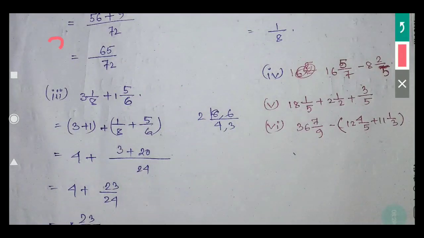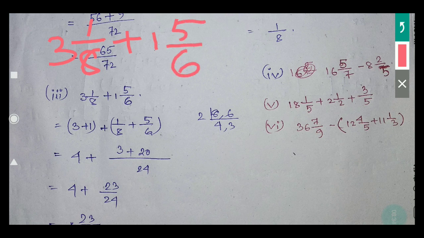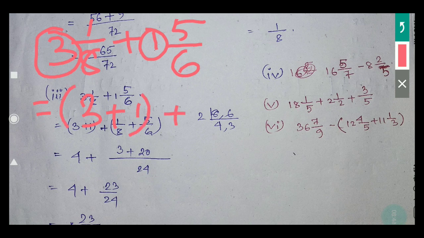A mixed fraction addition is given: 3 1 by 8 plus 1 5 by 6. Okay, mixed fractions are given now. So here what I can do is first separate the whole number part. 3 plus 1, I have written, because addition is given, that's a plus. After that, the fraction part, I am writing 1 by 8, 5 by 6. That means I have separated.